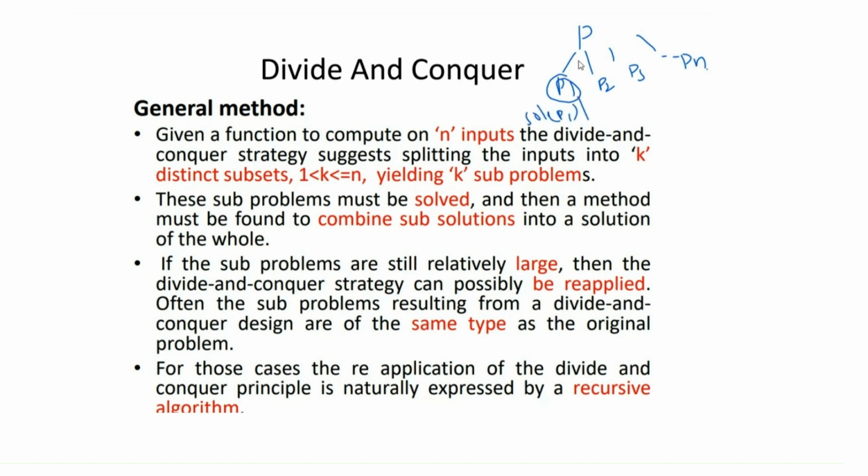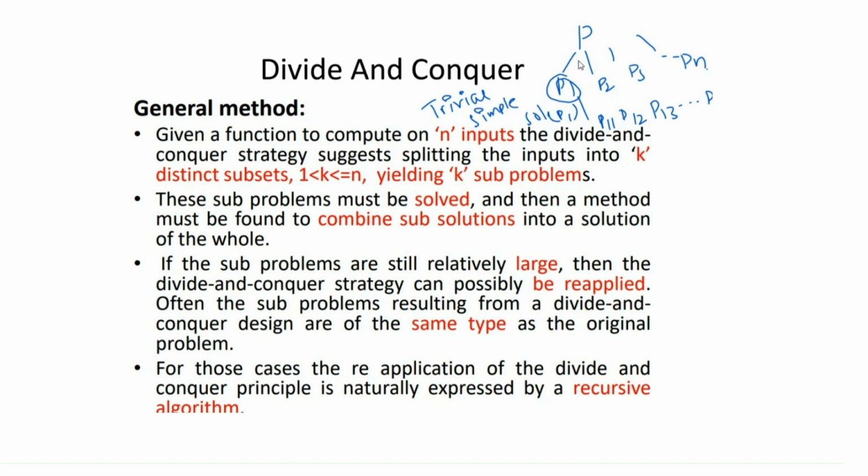If not, P1 is further subdivided into subproblems like P11, P12, P13 and so on up to P1n. Like this, the division is continued until we get a trivial problem. Trivial in the sense that it is easy and simple to find the solution.